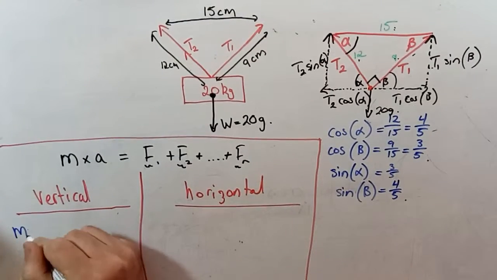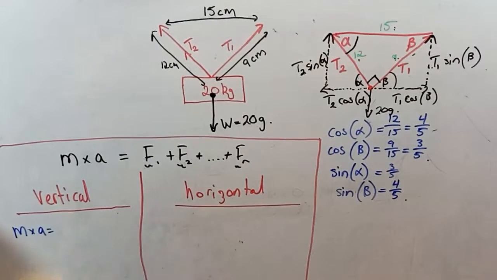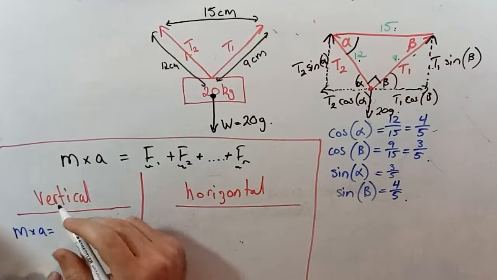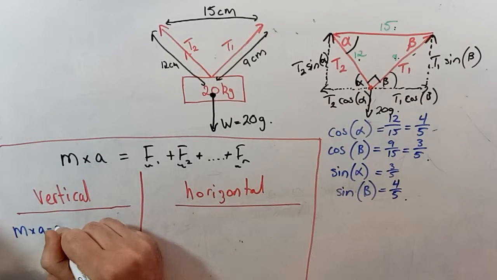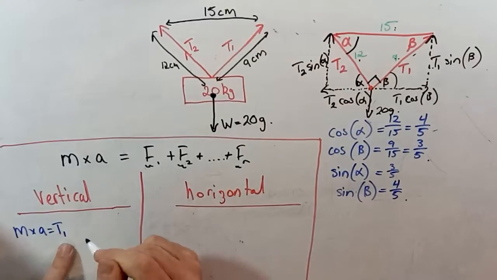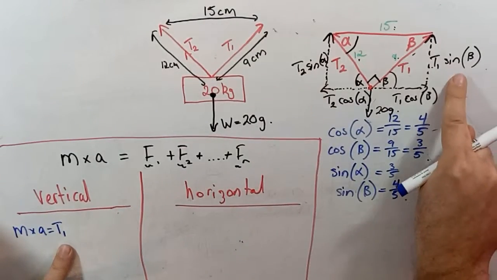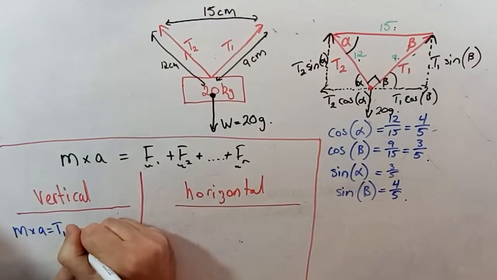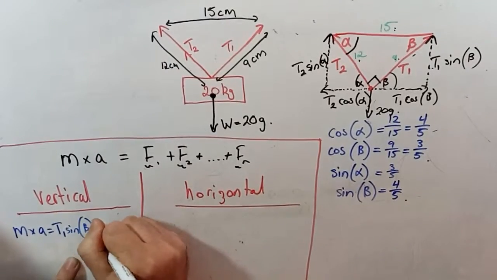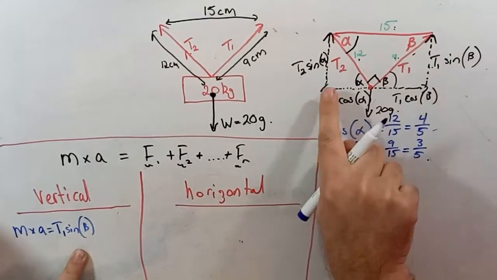M times a, I'm going to run out of space here, doesn't matter, equals T1 sine of beta. So that's pulling up here.